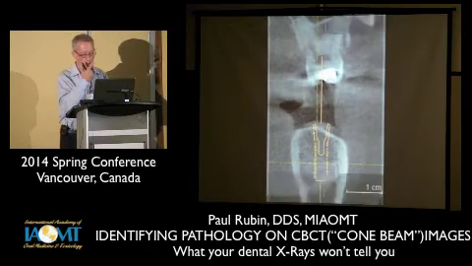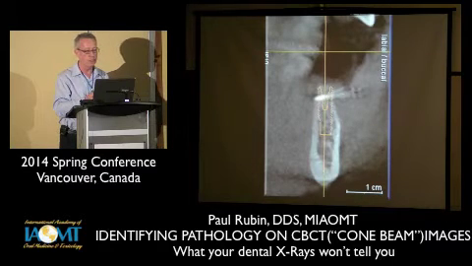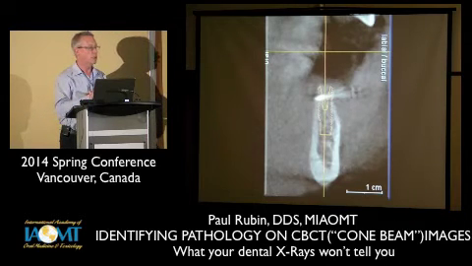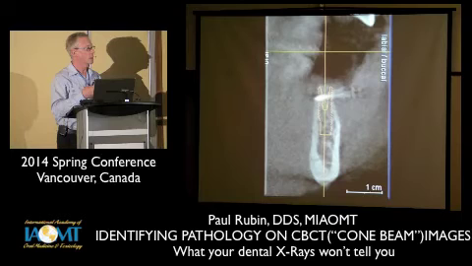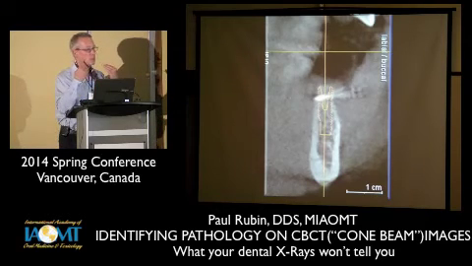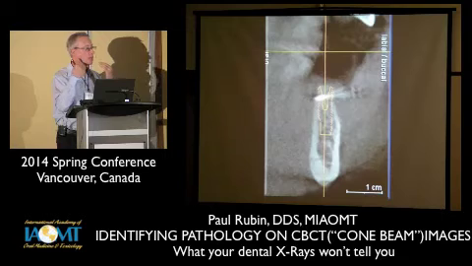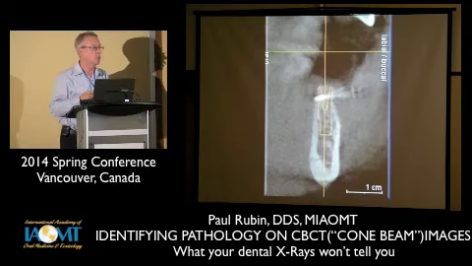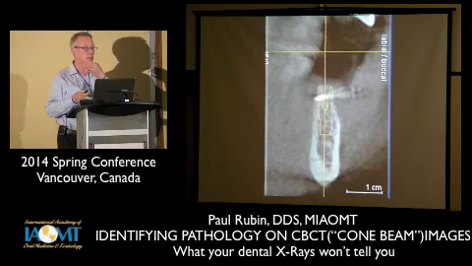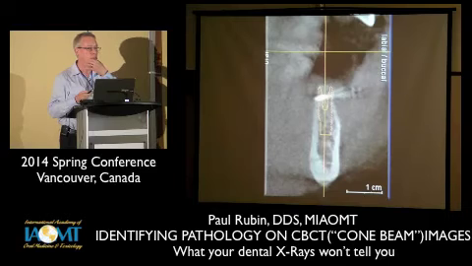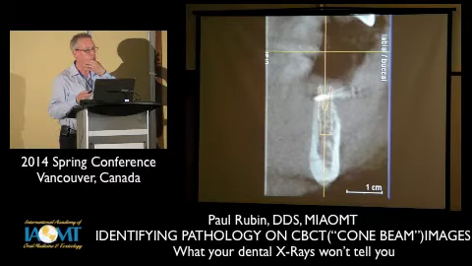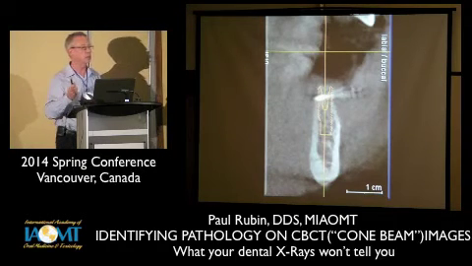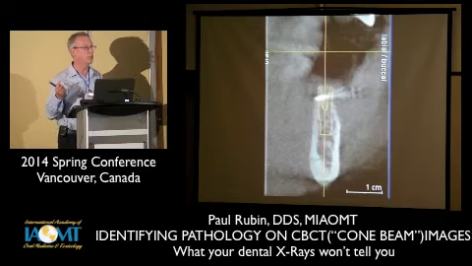Then what you can do, and again you can choose different types and different sizes, is marry this information to a surgical stent, a surgical guide. There are different ways of doing it on different systems, but you can take an impression, have a little mouthpiece that fits over while you take an image, and you can exactly duplicate where this implant is onto a surgical guide template that can be made for you.